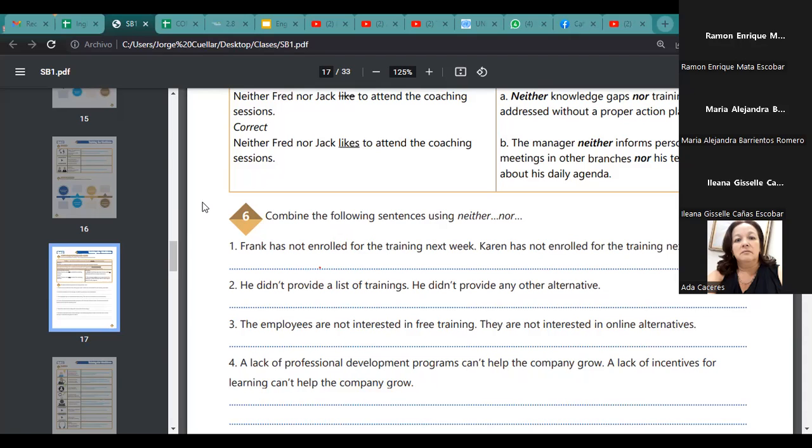But in this case, the subject is the same, the employees. So the two things that are the alternatives are the free training and online alternatives. The employees are neither interested in free training nor online alternatives.